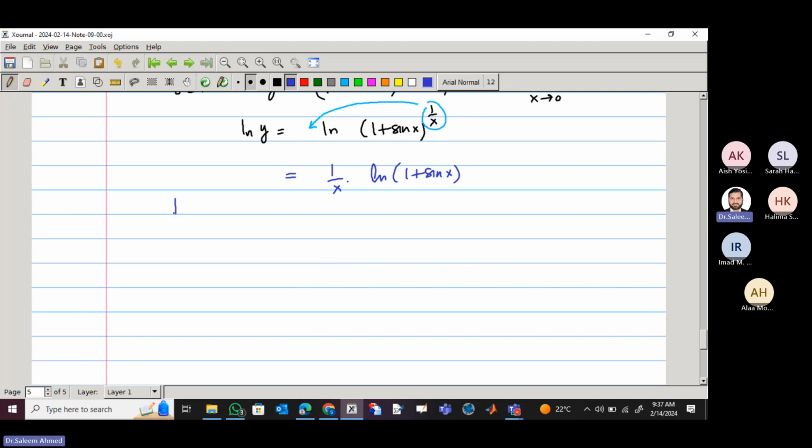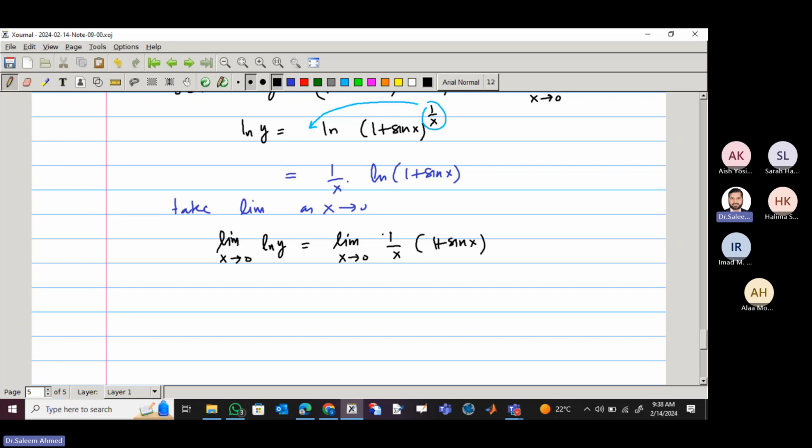Now if I take the limit as x goes to 0, it becomes limit x goes to 0 of log of y is equal to limit x goes to 0 of 1 over x log of 1 plus sine x, right?